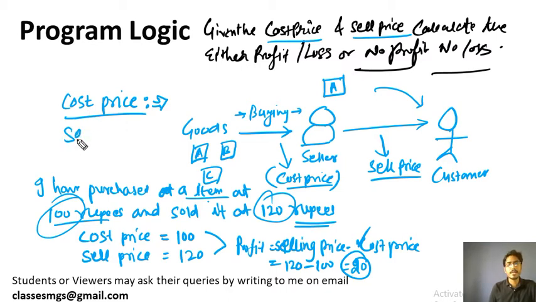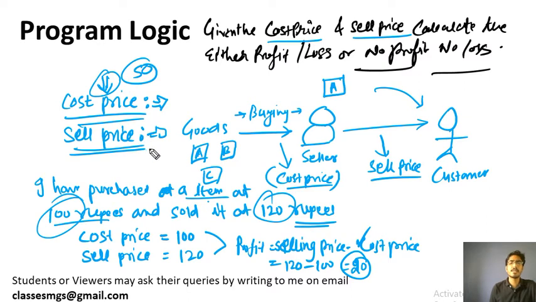Now you are clear what is sell price and what is cost price. Sell price is the price at which I sell the good, and cost price is the price at which I purchased it. If I purchased a good at 50 rupees, that is my cost price, and if I sold it at 60 rupees, that is the selling price.